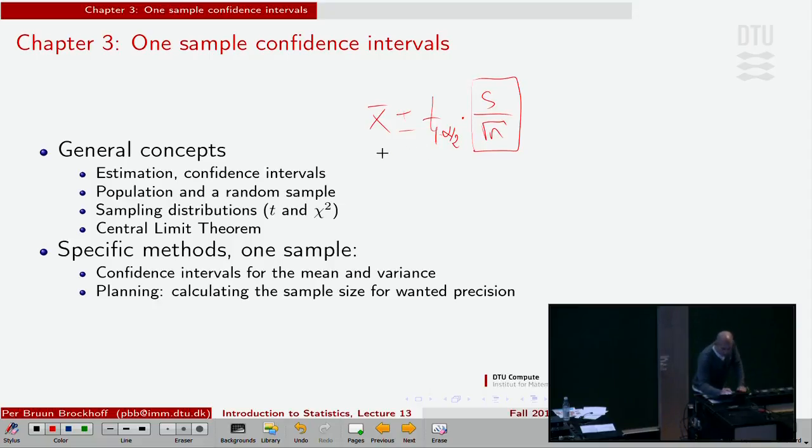And this one here comes from probability, because probability tells us that the t-distribution is the right sampling distribution. So when I compute a mean, at least if I standardize the mean by the standard error, the way that one will change from sample to sample is like a t-distribution.